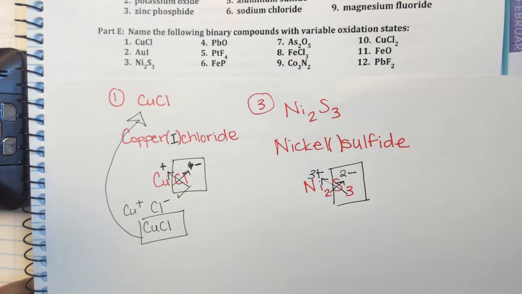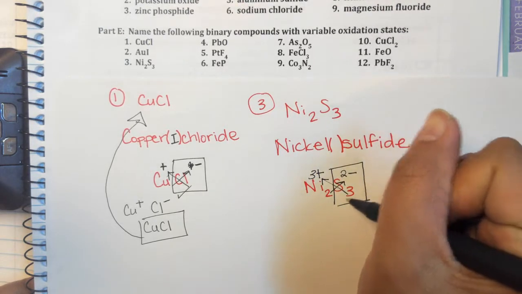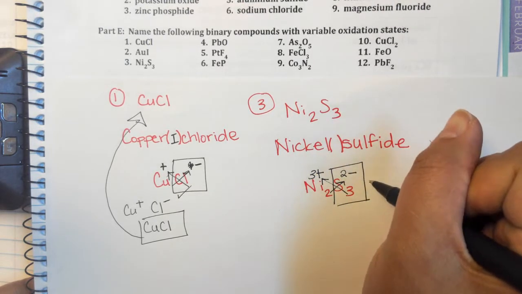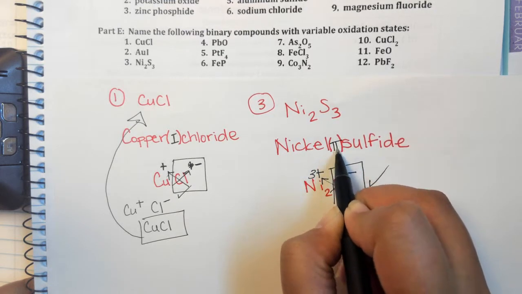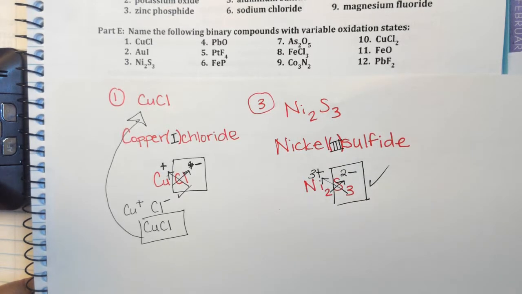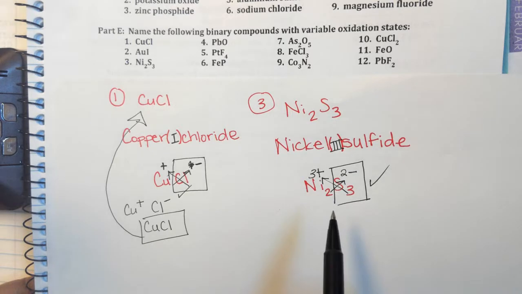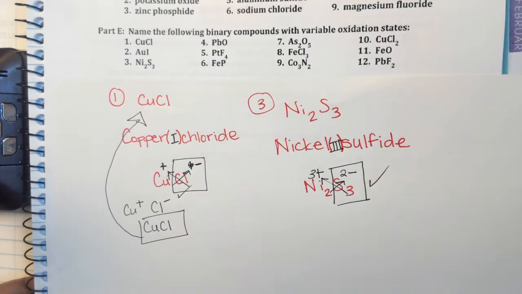What is sulfur's oxidation state normally? -2. Okay? And so remember, that's something you have to memorize. So sulfur has its correct oxidation state, so I don't have to do anything further. Nickel is going to have this 3 as its oxidation state. Alright? So, I want you to take a moment and I want you to do 5, 7, 9, and 11.